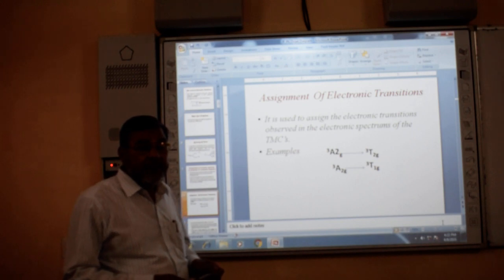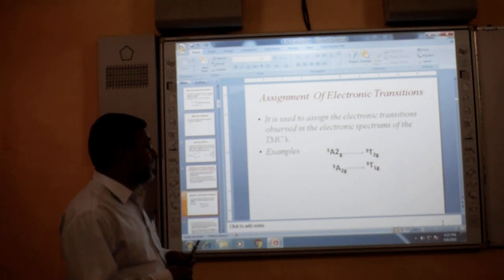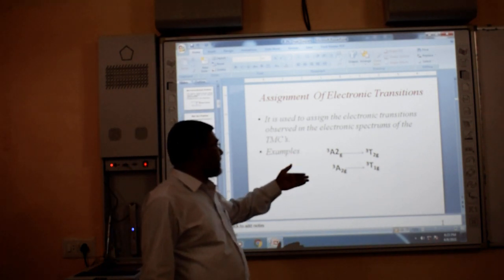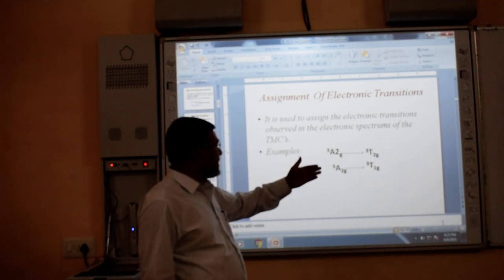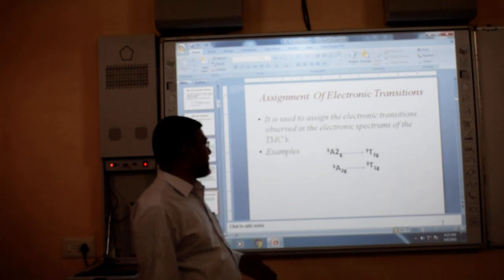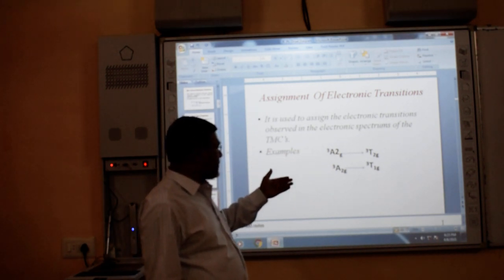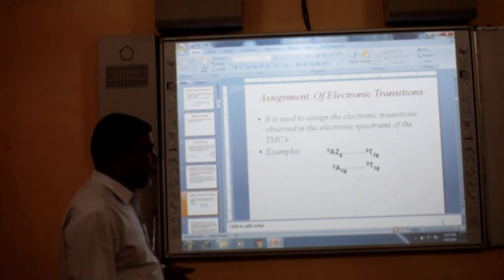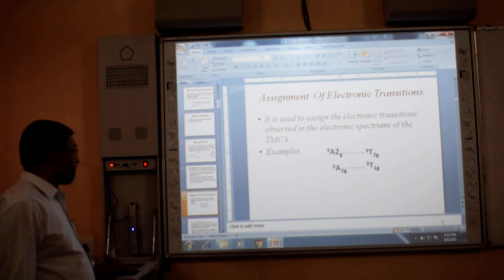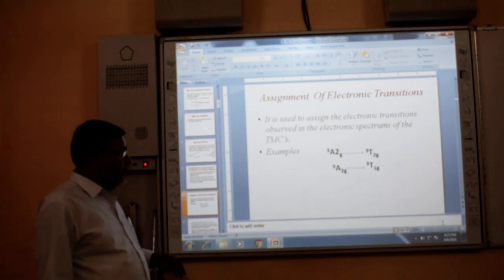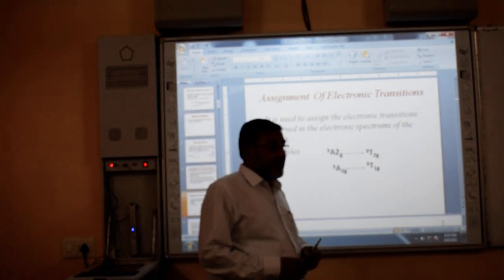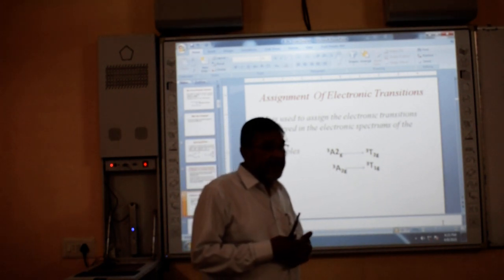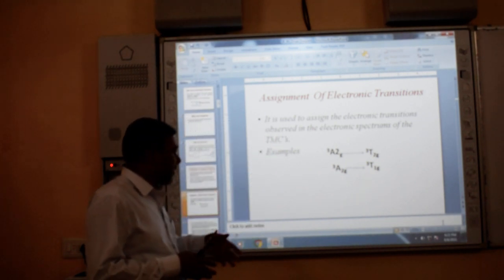This Orgel diagram can be used to assign the electronic transitions, for example, triplet A2g to triplet T2g, triplet A2g to triplet T1g. This is the electronic assignment. It can be done by using the Orgel diagram. Sometimes in CSIR NET questions are asked to assign the electronic transition, so this is helpful for that.